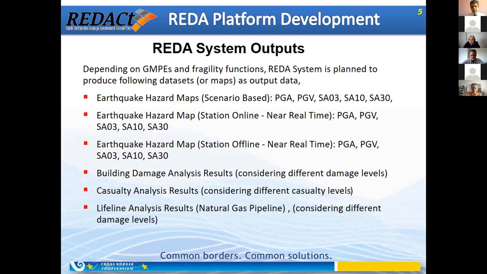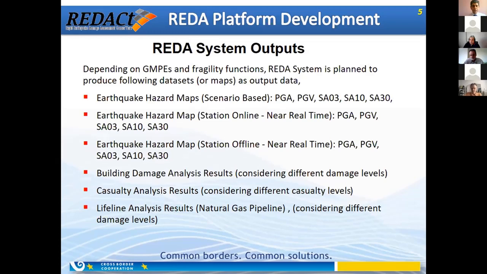The earthquake hazard maps can be scenario-based, near real time with online station data, and again near real time but with offline station data.